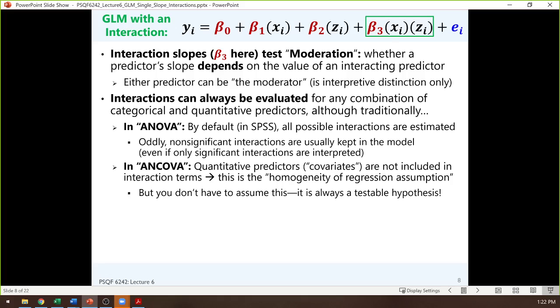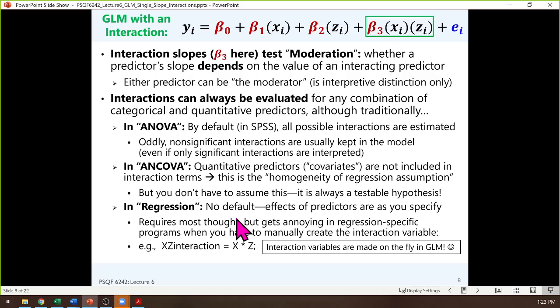You'd have to figure out how to hack it to go into the custom model, but by default, you're only allowed a main effect. So the idea is that the effect of your, say, control versus treatment, has nothing to do with your standing on your covariate. The model assumes that; it's called homogeneity of regression. The effect of the covariate holds across all of those independent variables. It doesn't have to, but that's what the software is doing for you.